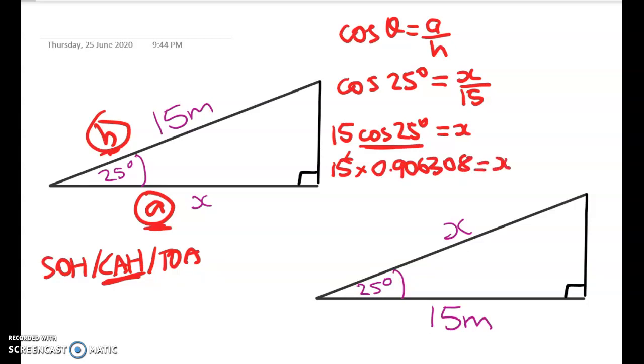That's X. So X works out to be 13.6 meters, rounded to one decimal place. So you should have got X is equal to 13.6 for that one.